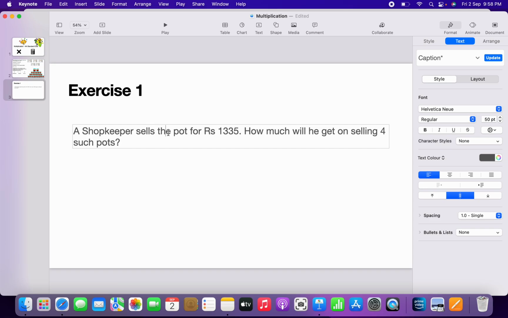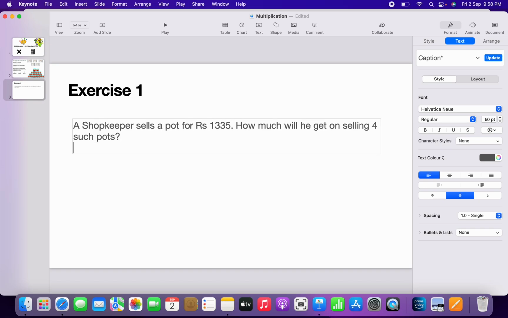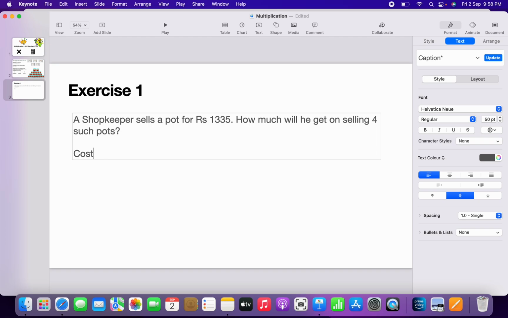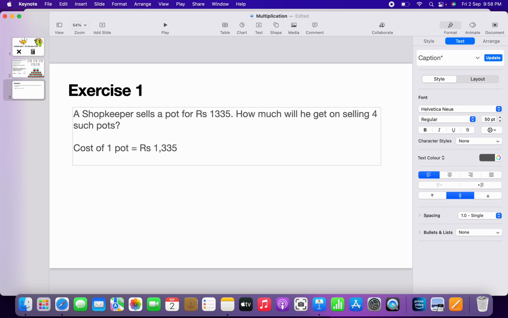It says sells a pot, which means it is one pot. So let's write here: cost of one pot is equal to rupees 1335, and how much will he get on selling 4 such pots? Cost of 4 pots is equal to how much?